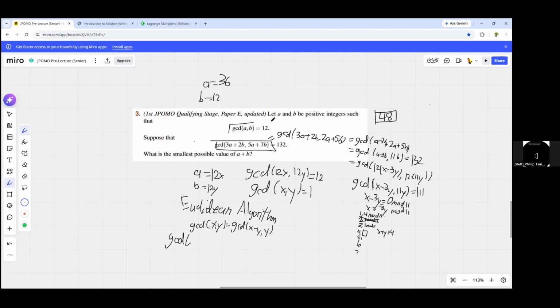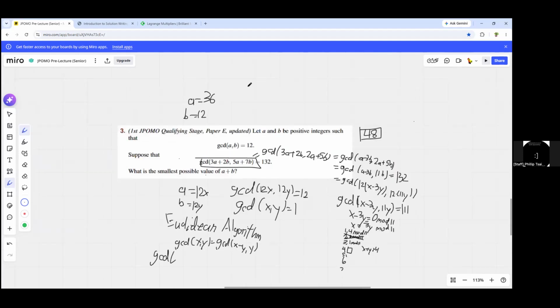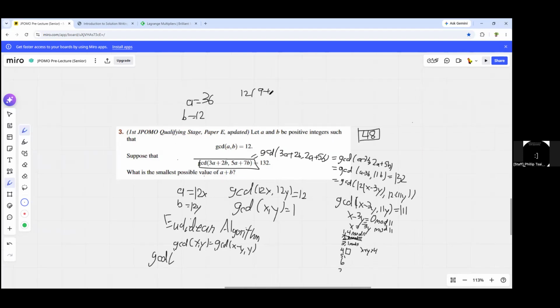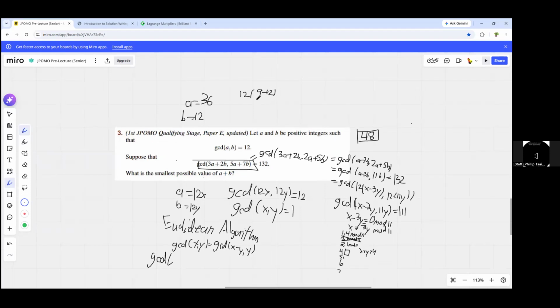Well, their greatest common divisor is 12, and their greatest common divisor here is 12 times 9, so it's 132, and then 12 times, I'm basically just factoring out the 12 up here, so it's 15 plus 7.